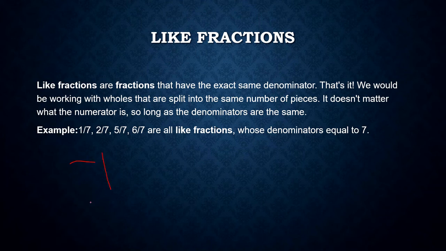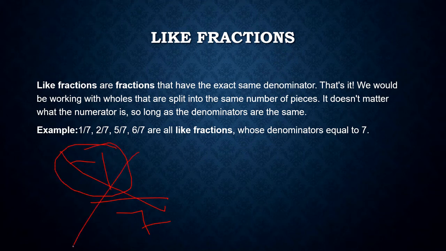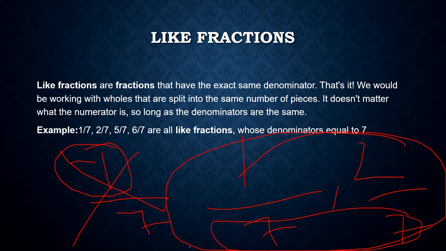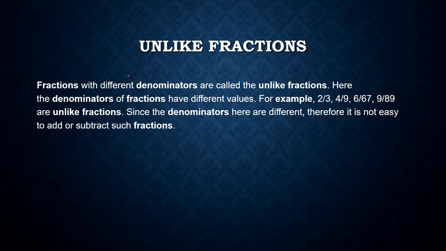Minus 1 by 7 is not a like fraction, because fractions should only be whole numbers. So I can write 1 by 7 and 2 by 7, it is a like fraction. You know how I could tell that? Because they both have the same denominator. So that's what a like fraction is.